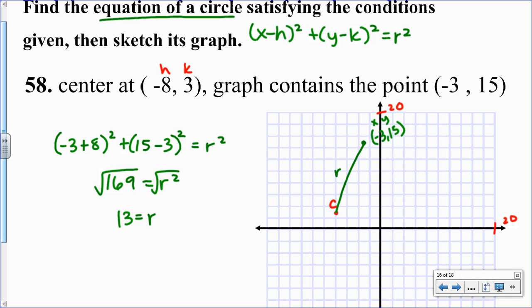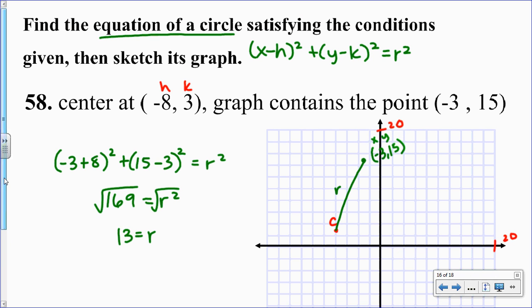What's the goal of this problem? What am I supposed to be finding? The equation. For the equation, I need h, k, and r. So I have those, so I can write the equation now. When you write the equation, it stays x and y. You're not plugging in negative 3, 15 when you write the equation.